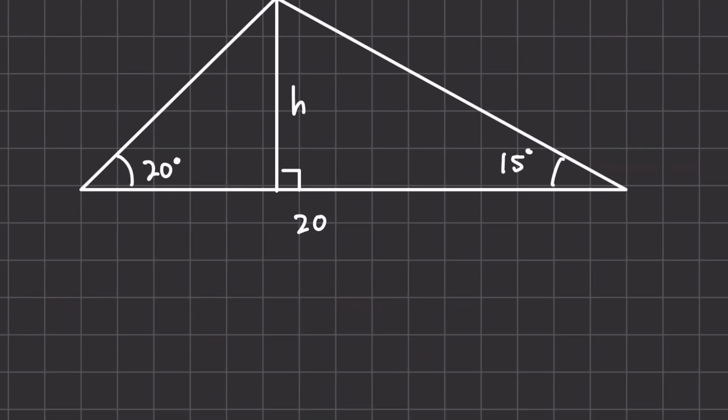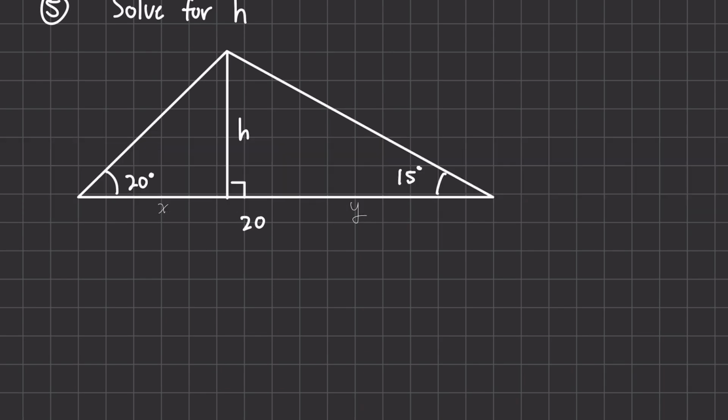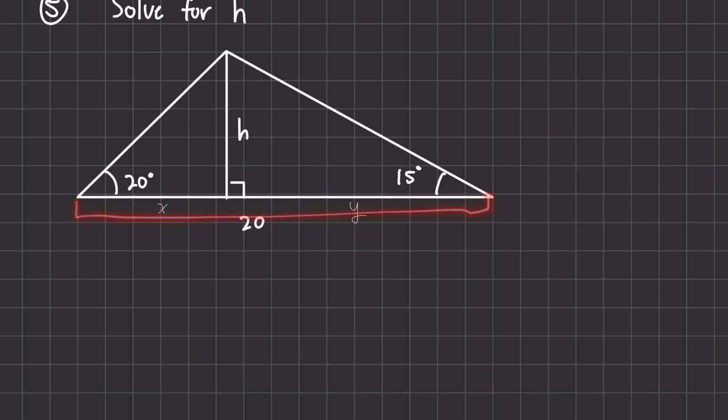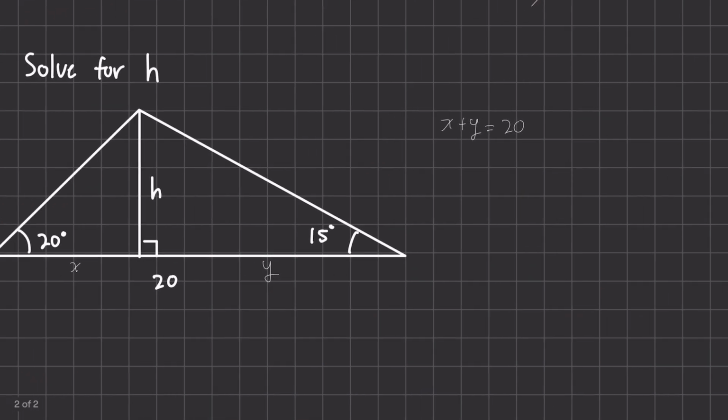So we can call one of them x and call the other y. Now we are also given that this whole thing is 20 units long, which means that x plus y in this case will be equal to 20.